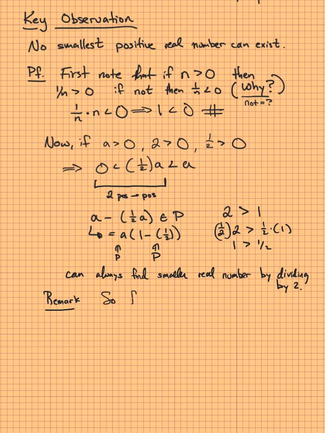So far, since we're allowed to divide, N and Z do not satisfy our axioms, but Q does.